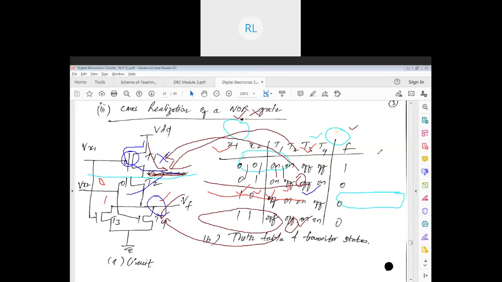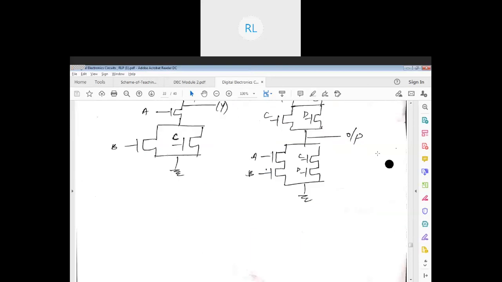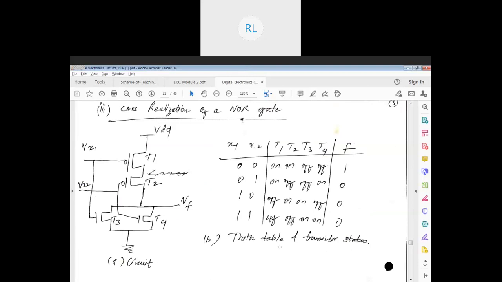Now let us take the other case. In the other case, T3 is on and T4 is off. So we were seeing this case, right?